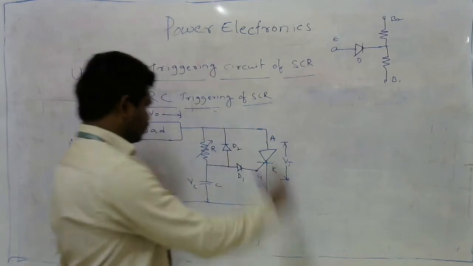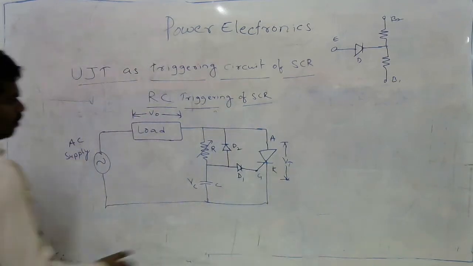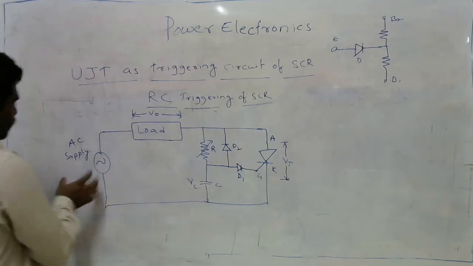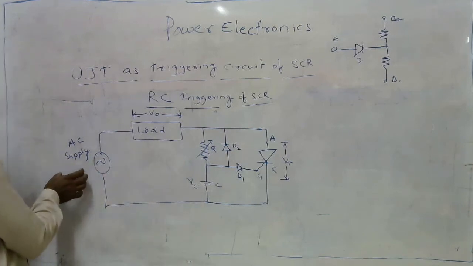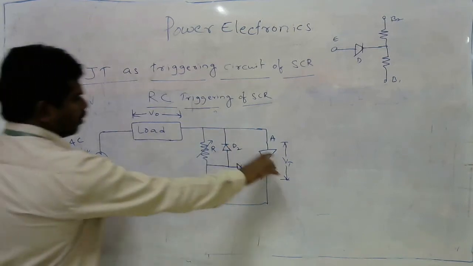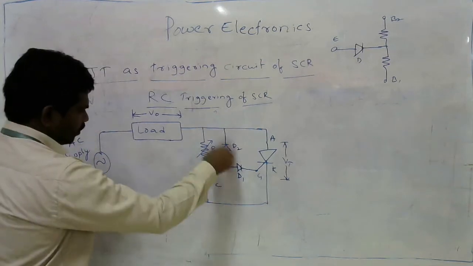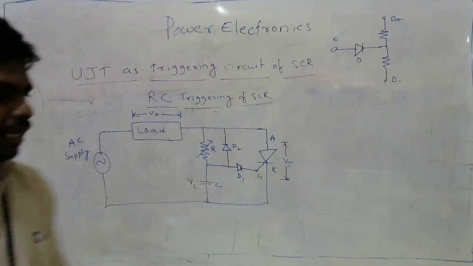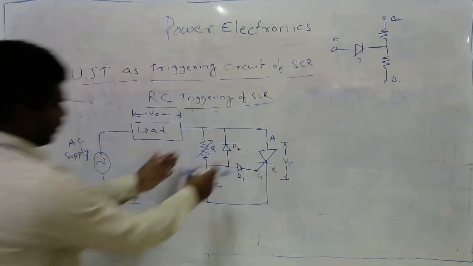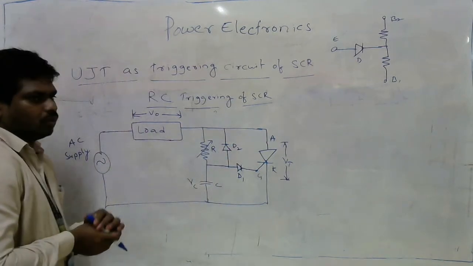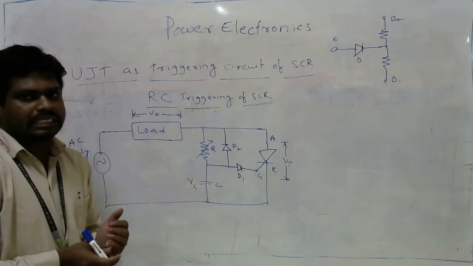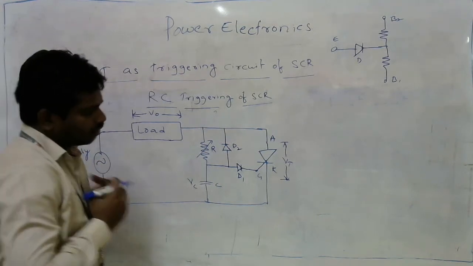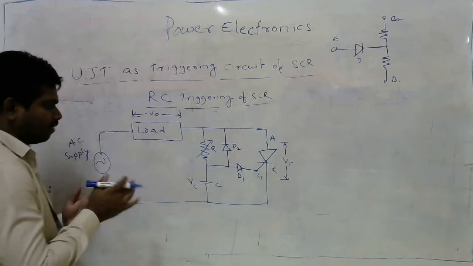Take this diagram as a series circuit, formed with the AC supply, load, then SCR. This whole circuit is made to produce the triggering pulse and give the supply to the gate terminal of the SCR.